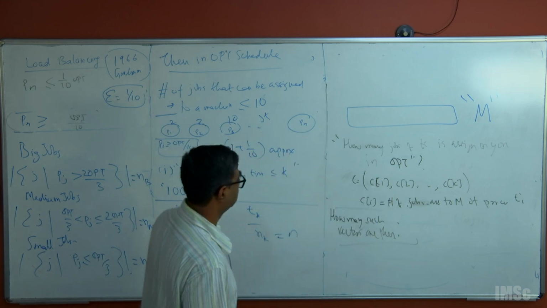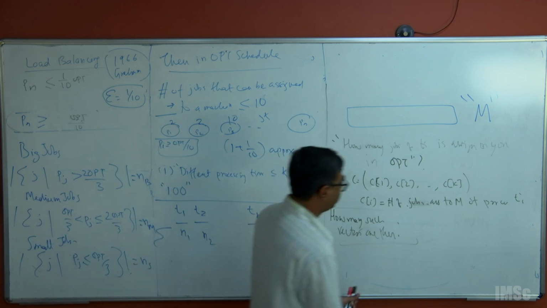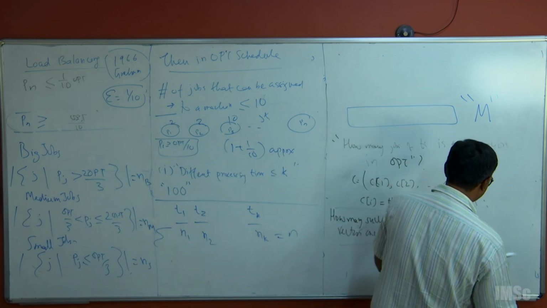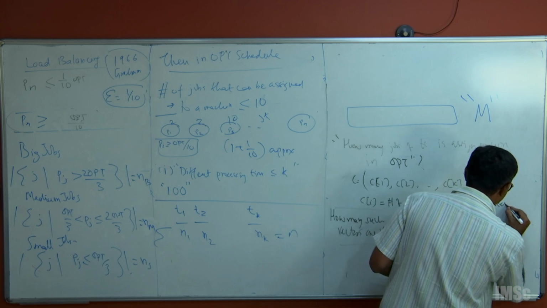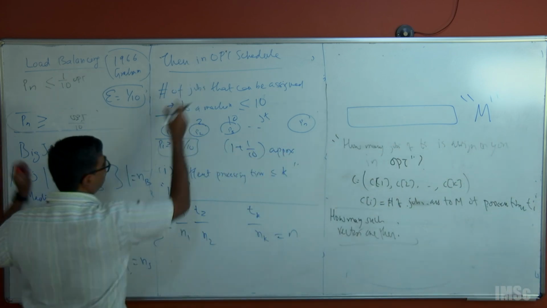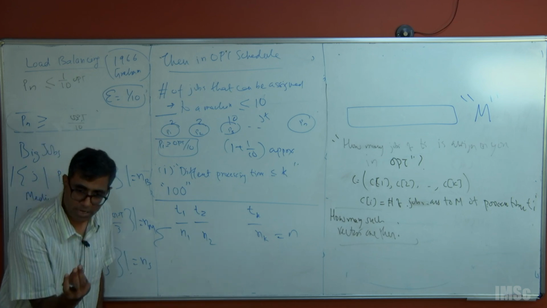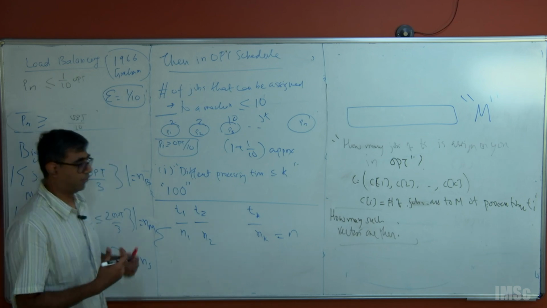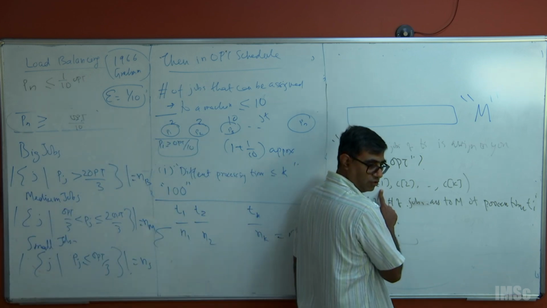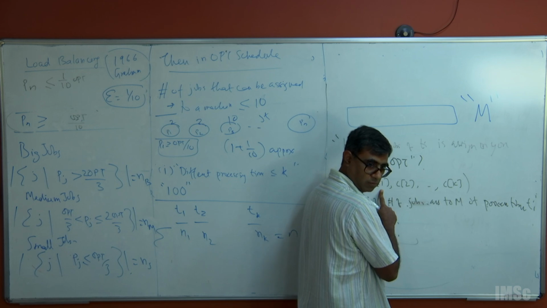So Ci is the number of jobs assigned to M of processing time Ti. Look, I am trying to solve this problem, right? So C1 can be how much? It could be one job, two jobs, three jobs, whatever. It cannot be more than 10 jobs here. Is that fine? Because each job is big.